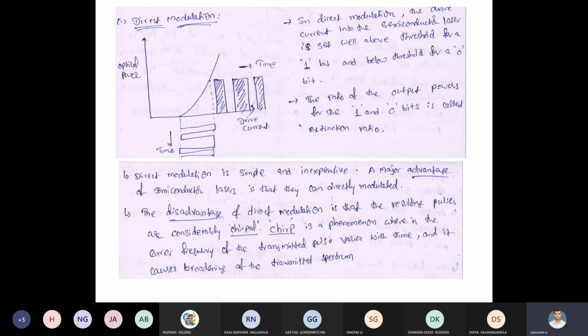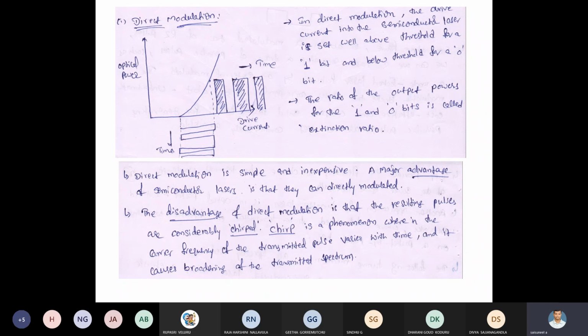Direct modulation is similar to the sampling theorem: at the end of sampling, we go for quantization. What is quantization? Based upon a threshold value, the output is 0 or 1. Above the threshold voltage is 1, and below the threshold voltage is 0.